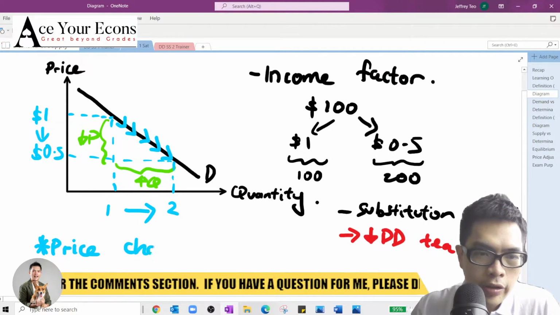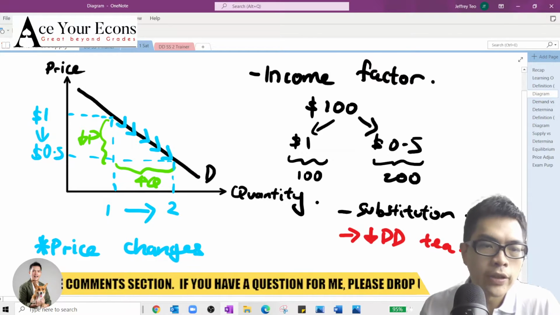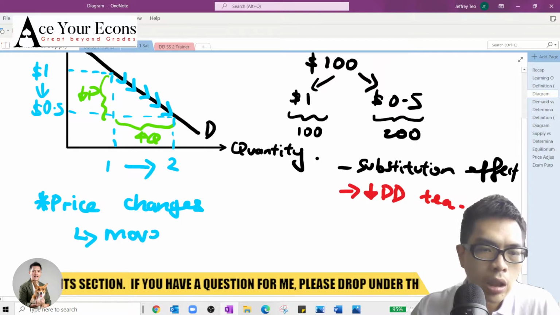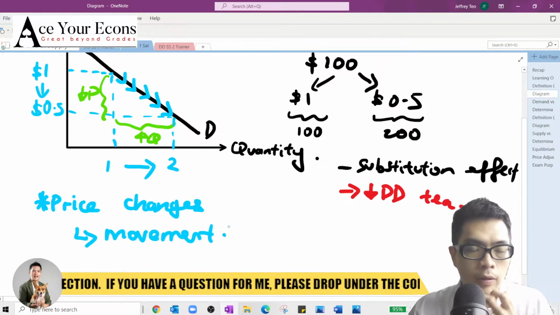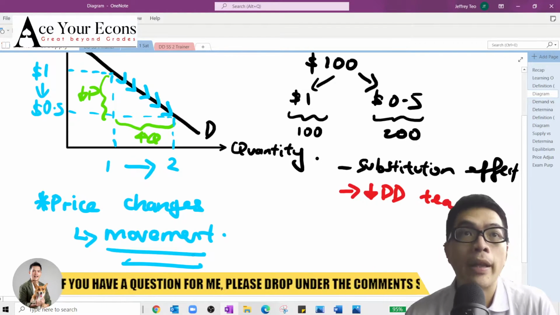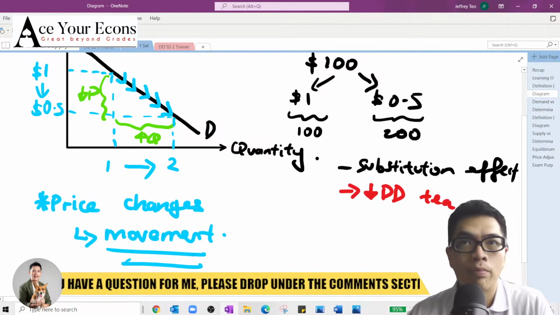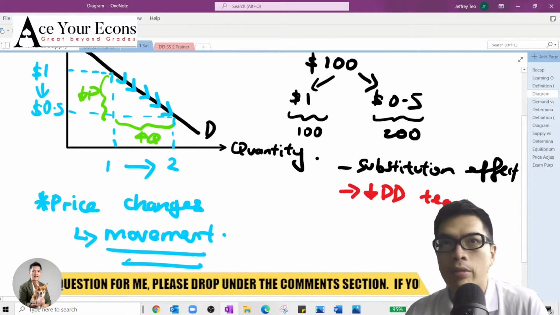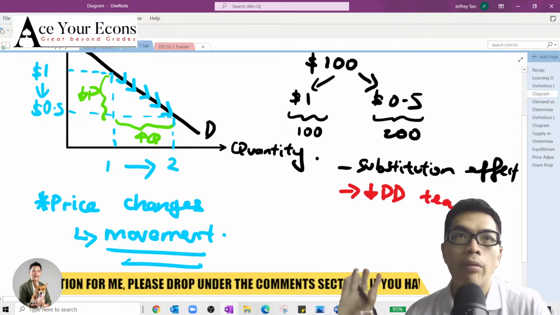Price changes, or what I call price factor, it is always a movement along the demand curve. Please pen this down. Movement and shift is very important. If you can't get this correct, your subsequent concepts will be all haywire.